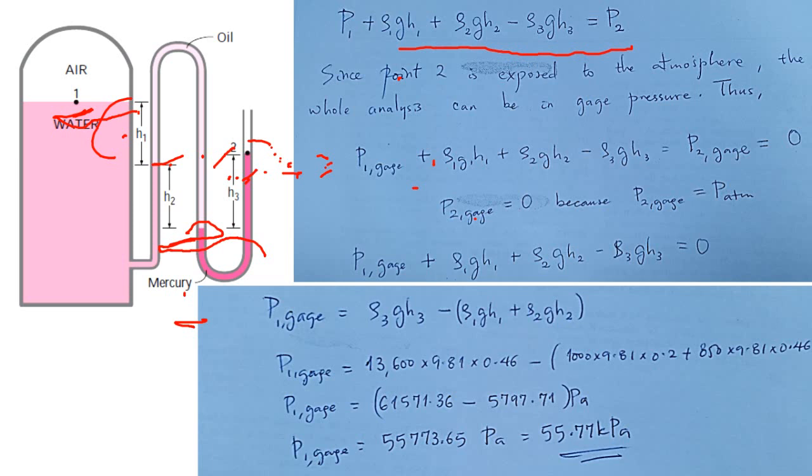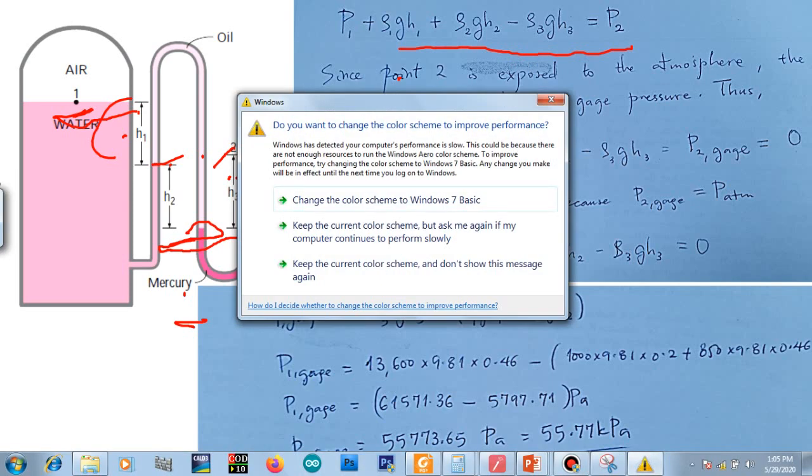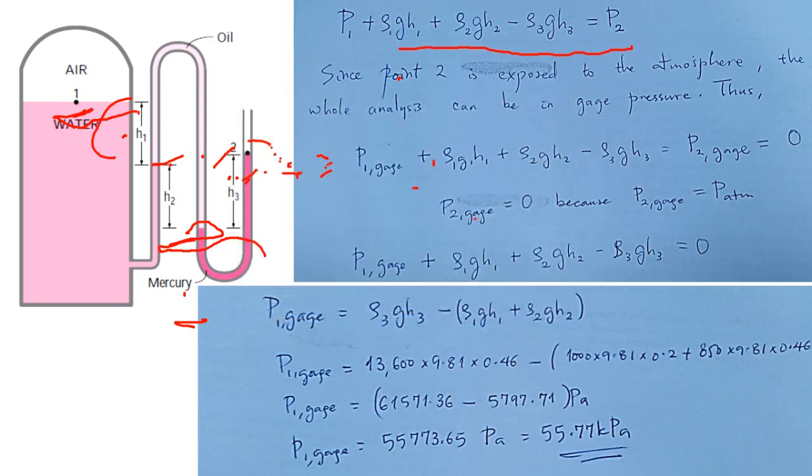Now point 2 is exposed to the atmosphere, and we are asked to determine the gauge pressure, so all our analysis can be in terms of gauge pressure. And when that is the case, since P2 is equal to P atmosphere, then P2 will actually be 0.